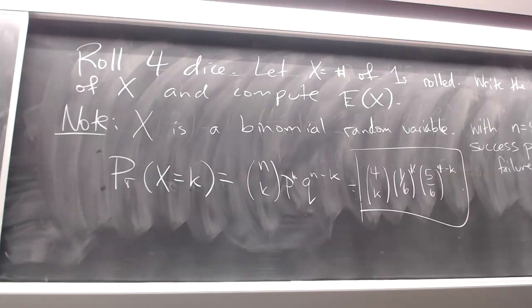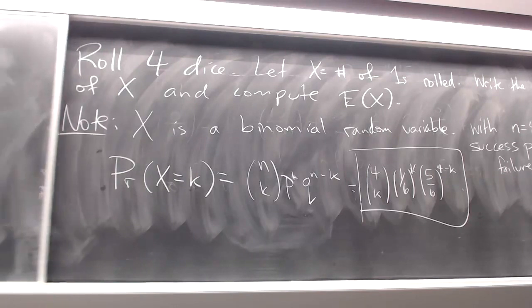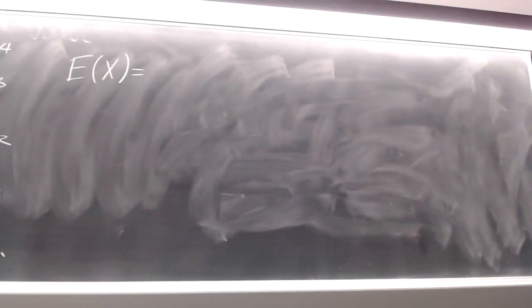Okay, so finally, let's get the expected value. To get the expected value, we're supposed to go through all the possible values for x, which are 0, 1, 2, 3, and 4, and take that number times the probability that x equals that number.